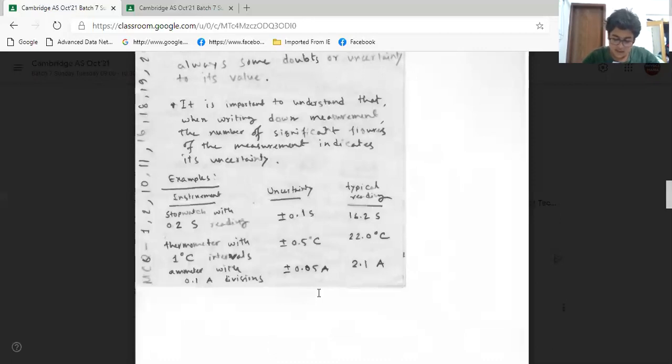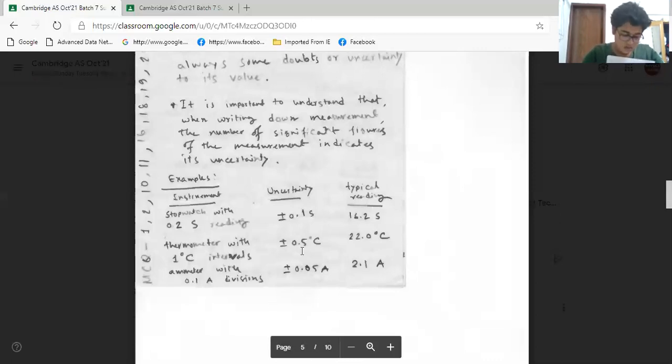If it is not average, then it will be 0.2, this will be 1 and this will be 0.1.